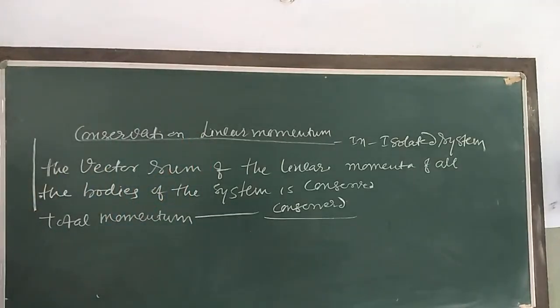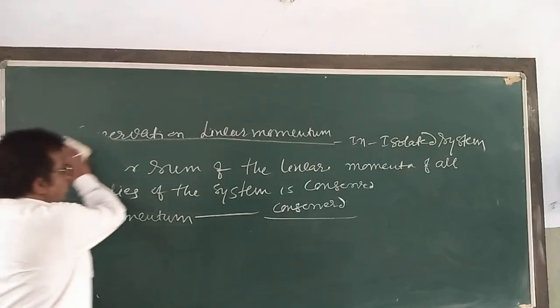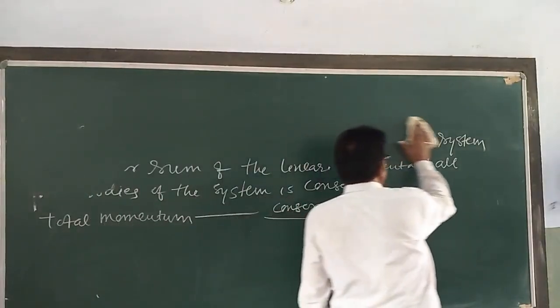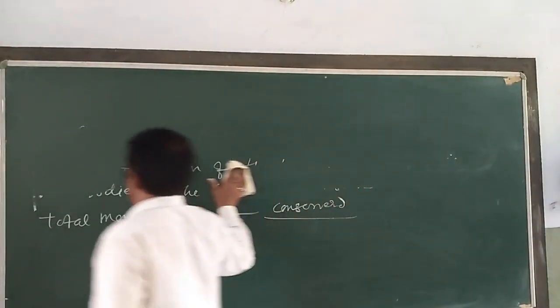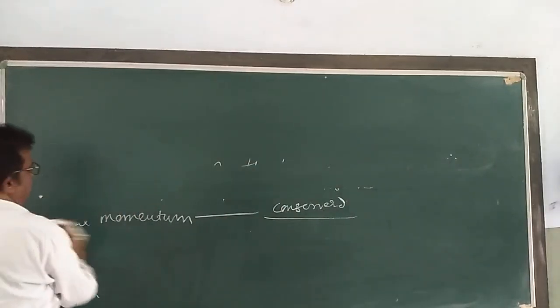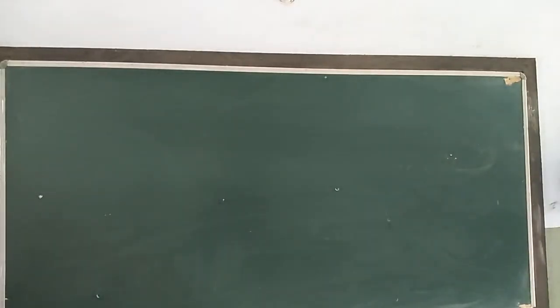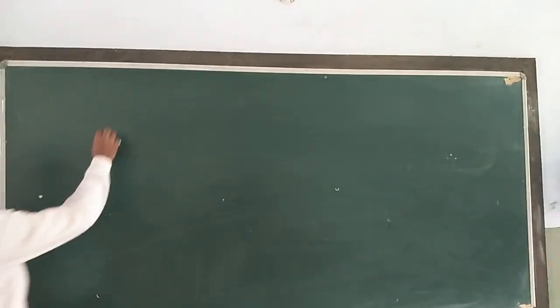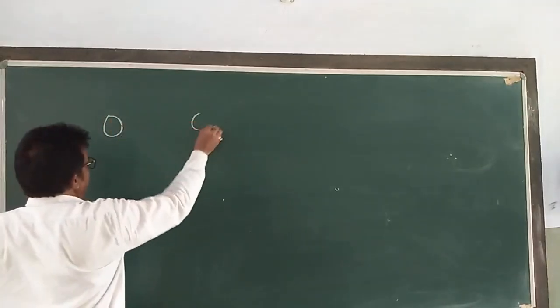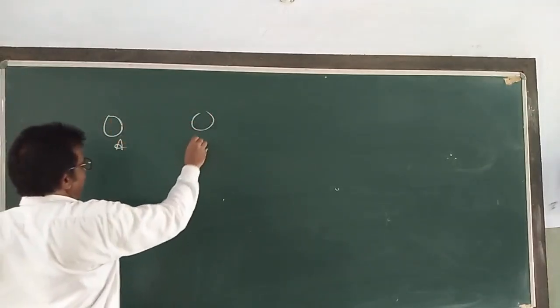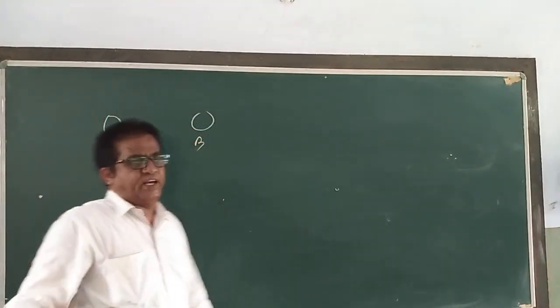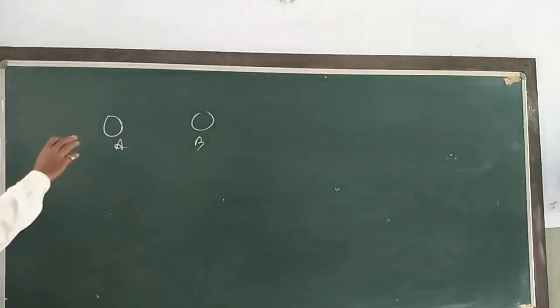In that particular case, let us consider an isolated system comprising of two bodies A and B. Here, only two bodies are there, no other things.